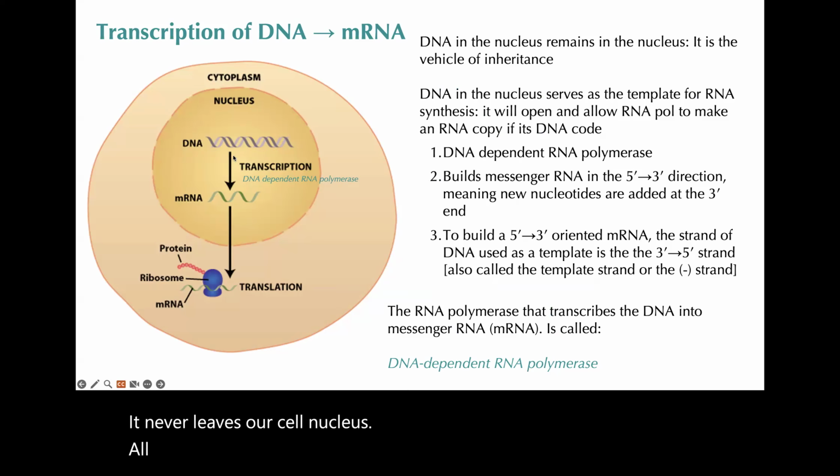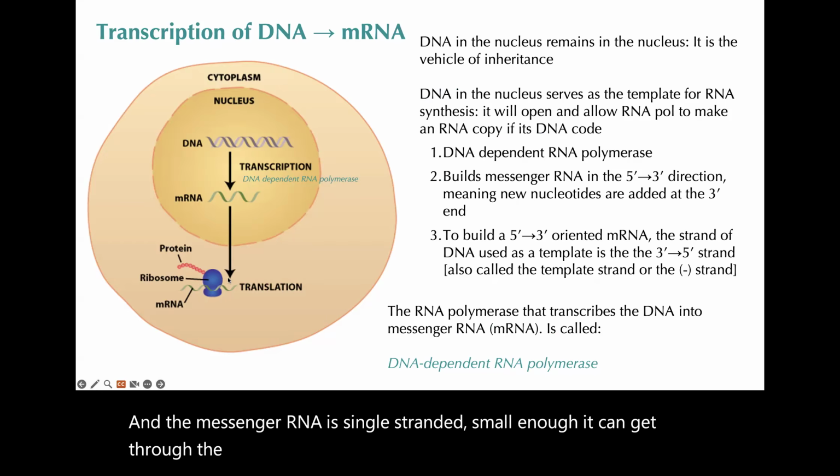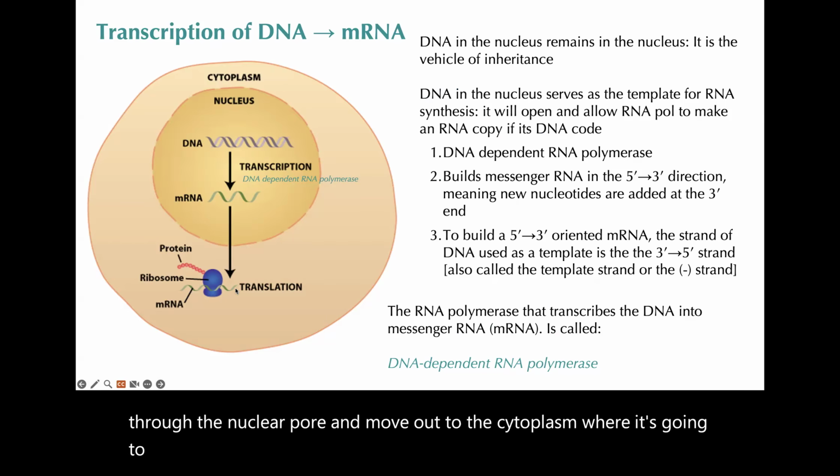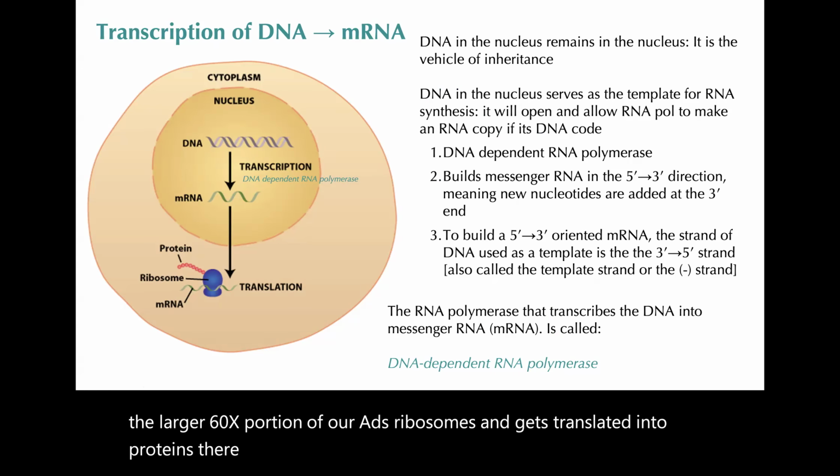It gets transcribed into messenger RNA. And the messenger RNA is single-stranded, small enough it can get through the nuclear pore and move out to the cytoplasm, where it's going to get in the ribosome. It gets in between the smaller 40S ribosome and the larger 60S portion of our 80S ribosomes and gets translated into proteins there. All right.